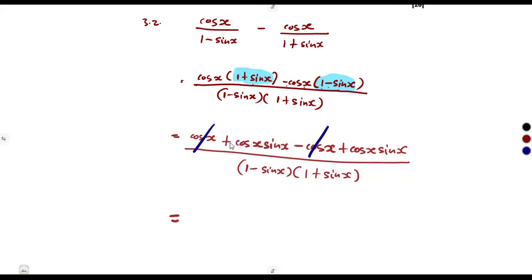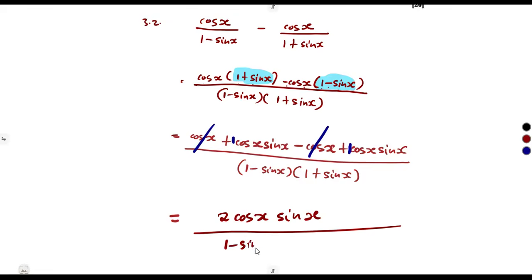Then you've got like terms, cos of x and the cos of x. So we can add, this is 1 plus 1. So it was going to be 2 cos x sine of x. Everything over the denominator, which is 1 minus the sine of x into 1 plus the sine of x.